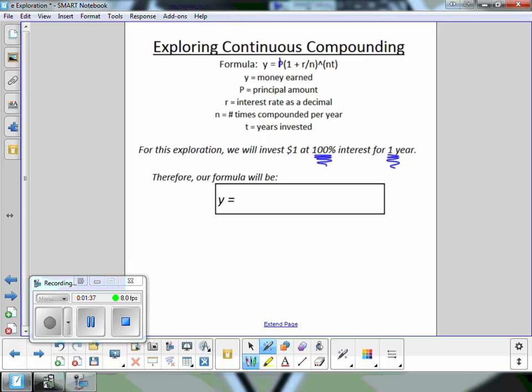So if p is 1 and r is 1, because remember, 100% as a decimal is 1, and t is 1 for 1 year, the formula that we're going to be using is y equals 1 plus 1 over n to the n power. So we're going to explore what happens as we change n to various compounding periods. We'll do once per year, twice per year, 4 times per year, and so on.